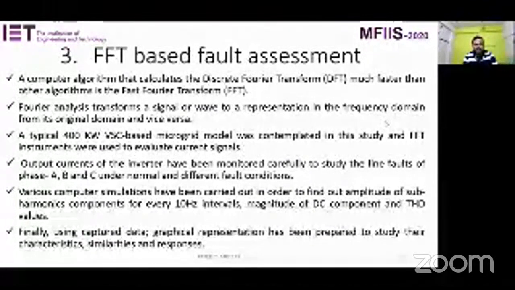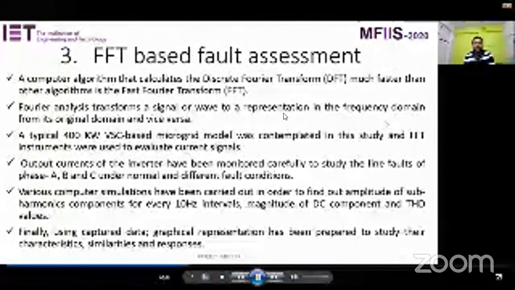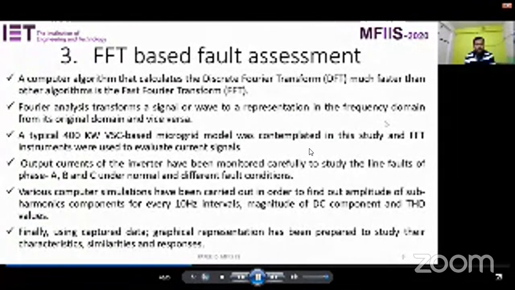FFT-based assessment. A computer algorithm that calculates the discrete Fourier transformation much faster than other algorithms is the fast Fourier transformation. The Fourier analysis transforms a signal or wave to a representation in the frequency domain from its original domain and vice versa.